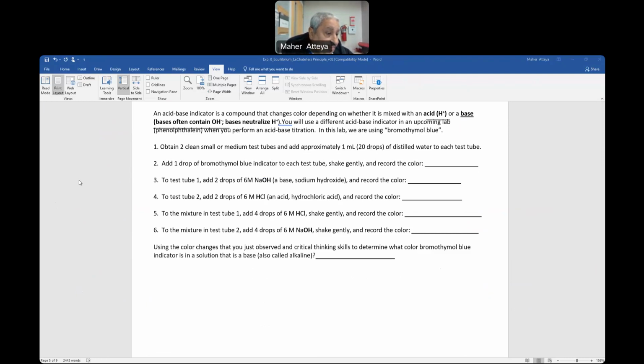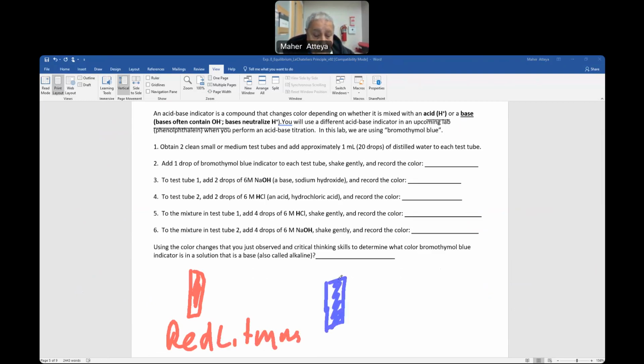You have red litmus paper, and you have blue litmus paper. So what will happen here?